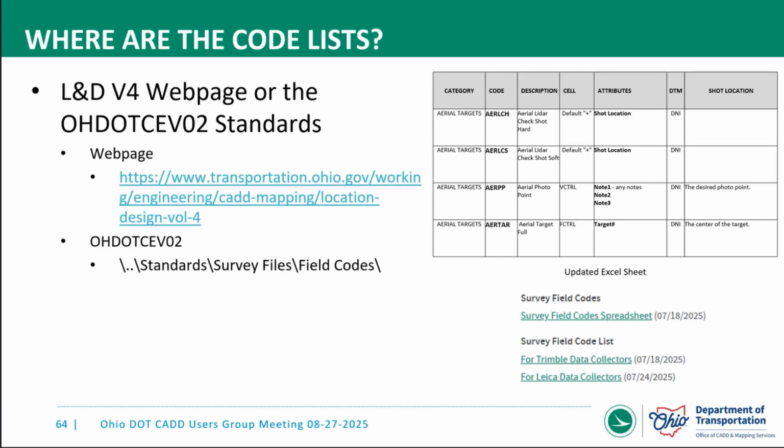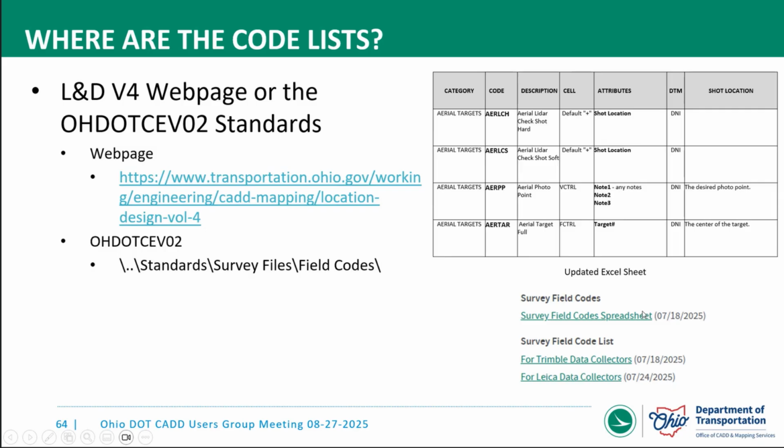So where do you go to get these code lists? On our website. You can find them in our workspace as well. If you have the workspace downloaded, you should be able to go to the standard survey files, field codes, and you should be able to see them there. If you go to our website, we also have download links, like for Trimble and Leica.